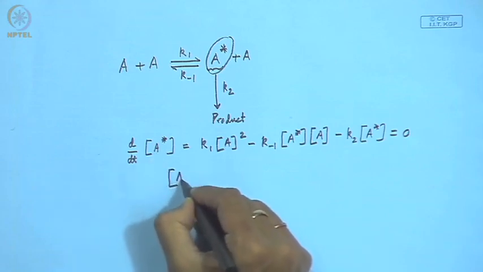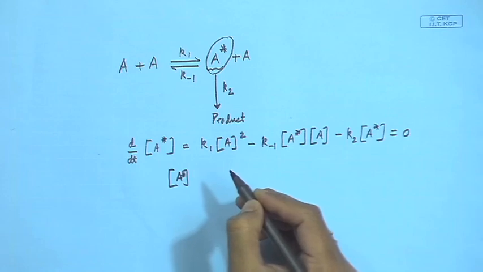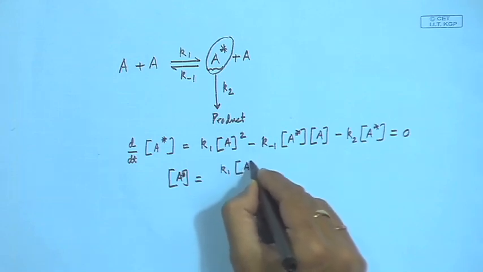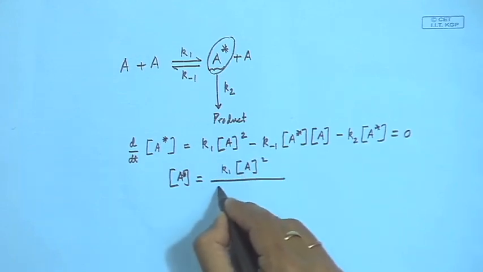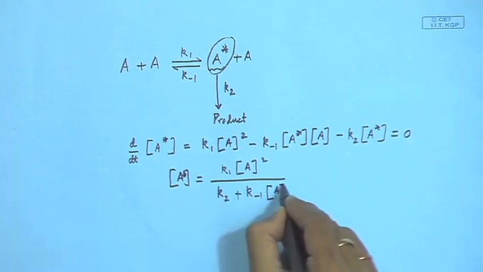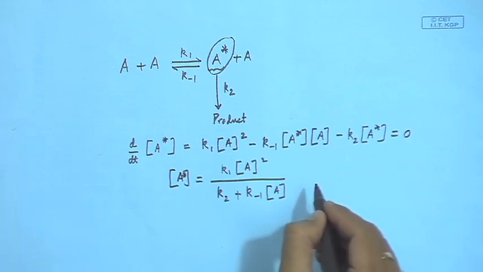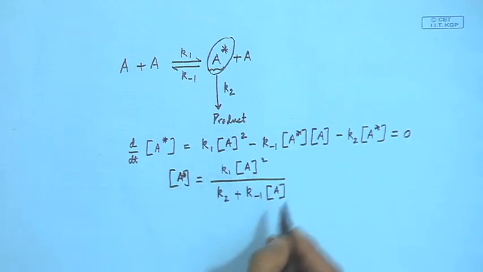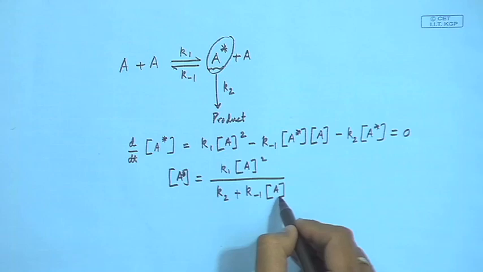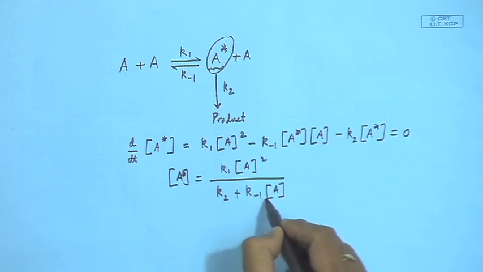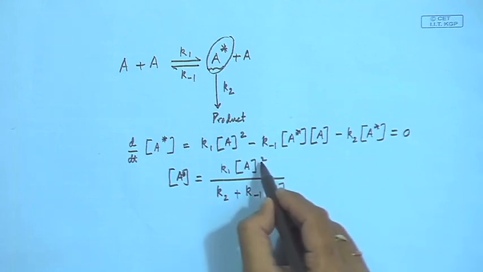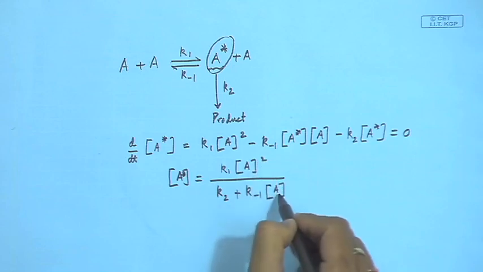Therefore, concentration of A star is equal to K1 A square divided by K2 plus K minus 1 into A. The reactive species concentration has a square term in the numerator, and the denominator has a term with first power of A.